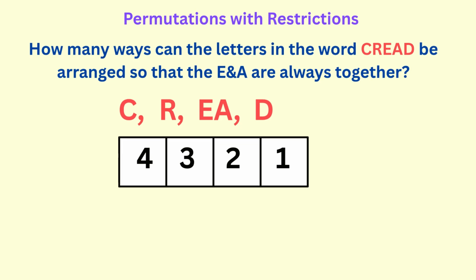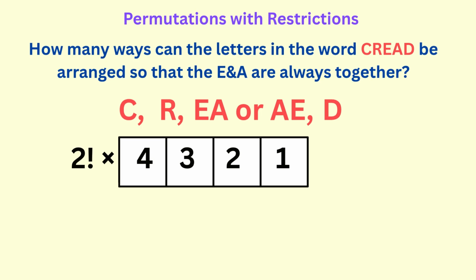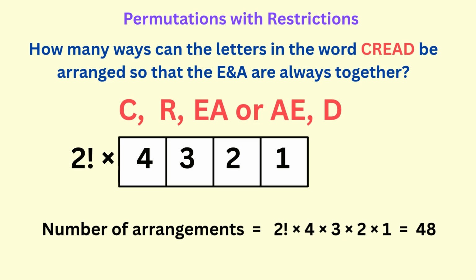However, for this problem, E and A are 2 distinct letters that can be arranged in 2 factorial ways, EA or AE. So we need to multiply the numbers in the boxes by 2 factorial. Therefore, the total number of arrangements equals 48.